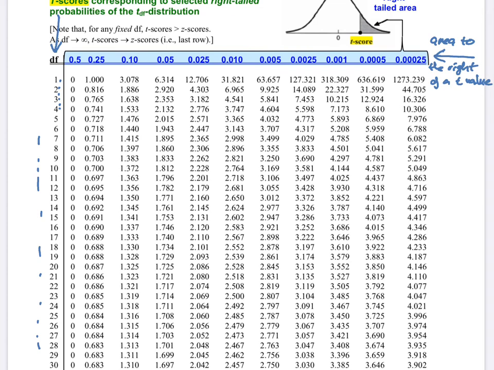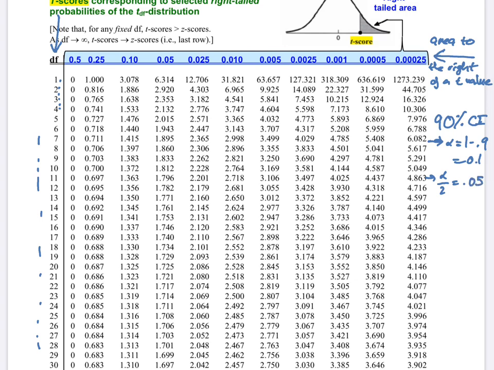Okay, so let's go ahead and look at an example. Suppose you want to find the 90% confidence interval. We know at this point that alpha is equal to 1 minus 0.9, which is 0.1. 0.9 is the confidence coefficient, and so alpha over 2 is 0.1 divided by 2, which is 0.05.